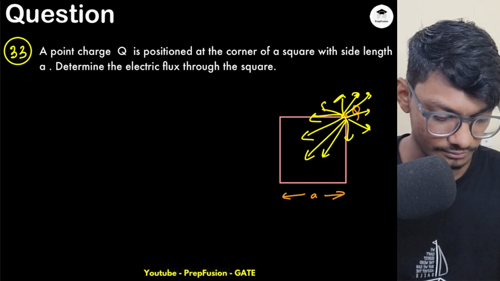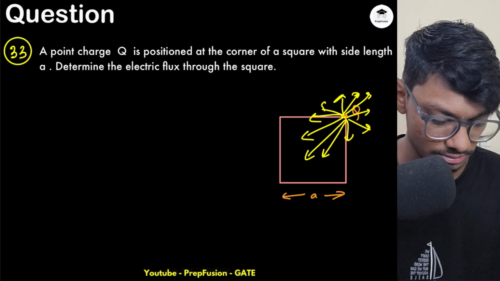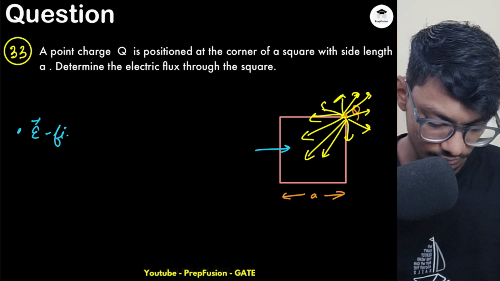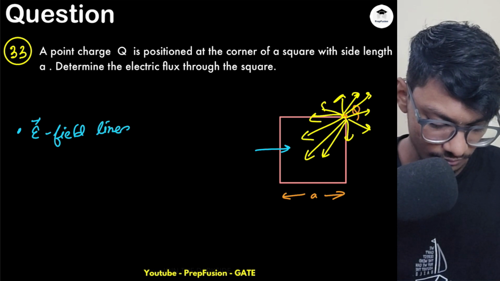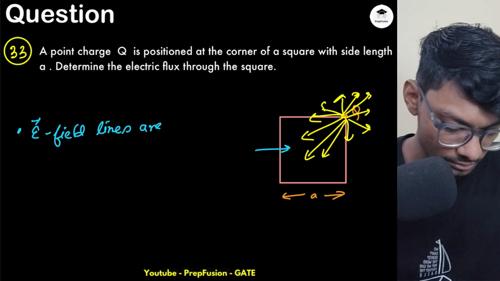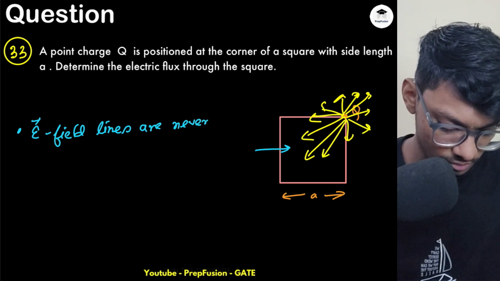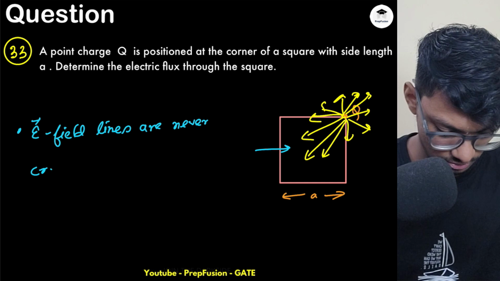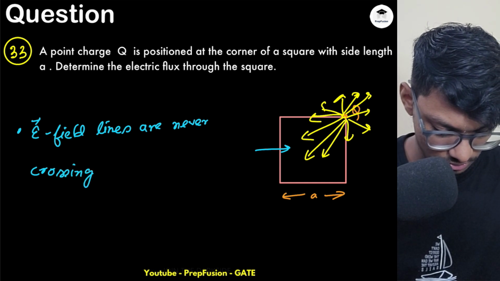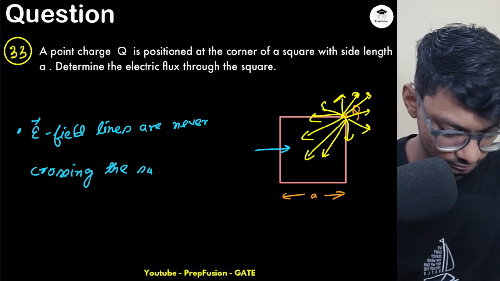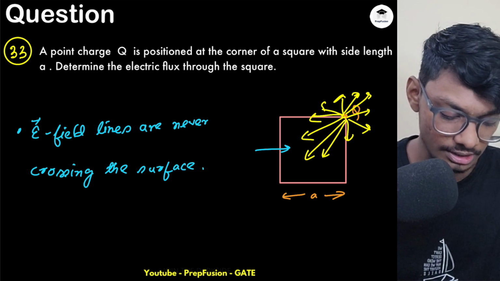Here I can write: electric field lines are never crossing the surface.